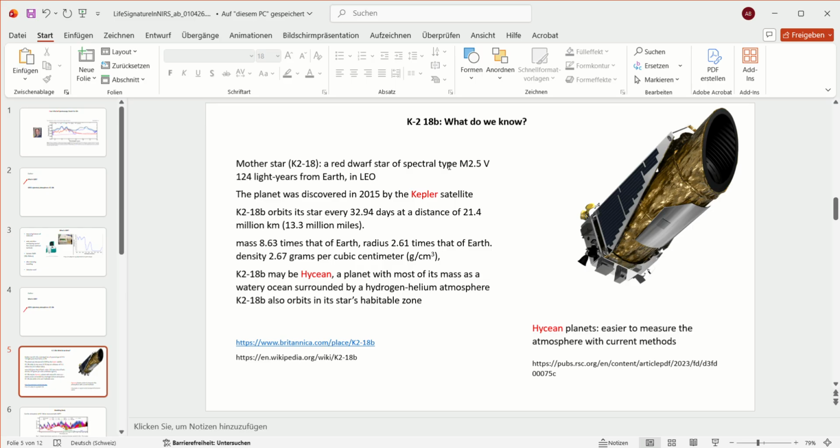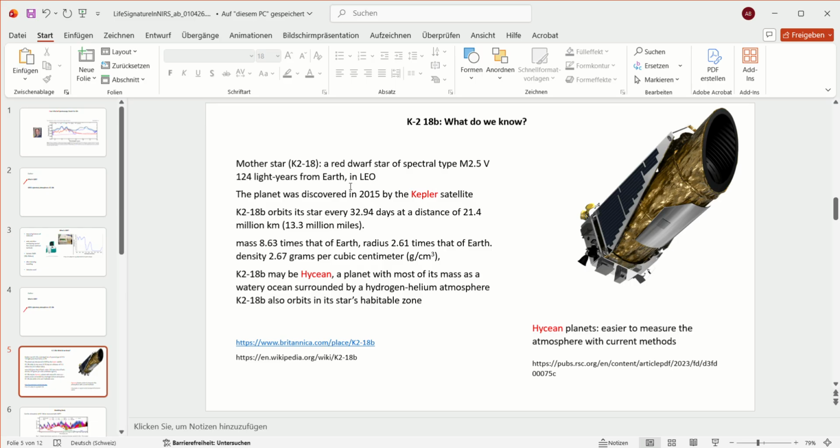So the sun would be a G, and then it's just K and M. And M normally are very small stars, dwarf stars. And this dwarf star is 124 light years from Earth.